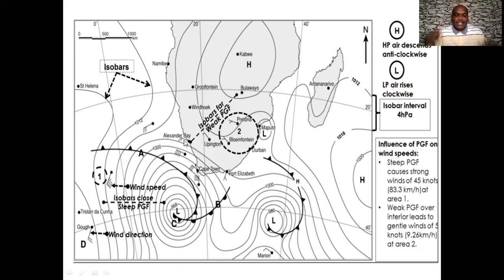So you must understand that when the isobars are closely together, we have a steep pressure gradient, and we are going to have high wind speed and strong winds. But when they are far apart, we have a weak pressure gradient and we are going to have a low wind speed. The wind is not going to be strong because of the weak pressure gradient.